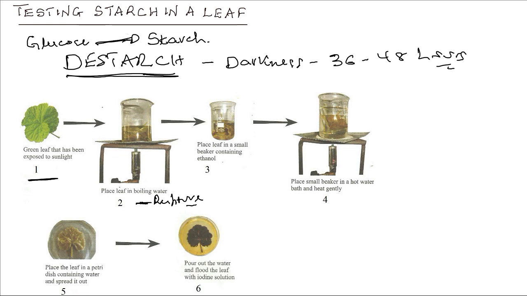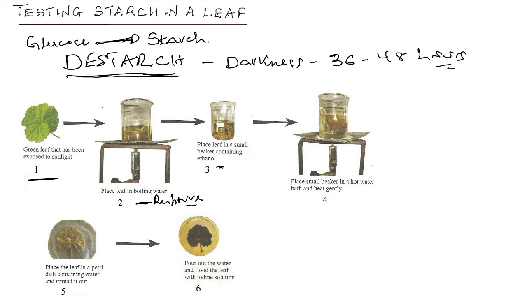The heating lasts for about 5 minutes, and during this time, chlorophyll molecules will be extracted from the leaf. The extraction is important because when testing for starch, the presence of chlorophyll molecules would obscure a positive test. So it is important that you remove the coloring pigment, that is the chlorophyll, from the leaf.